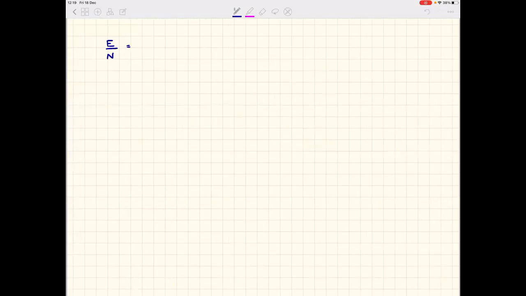This temperature dependence, I can isolate it by rewriting the energy density U over N as follows.